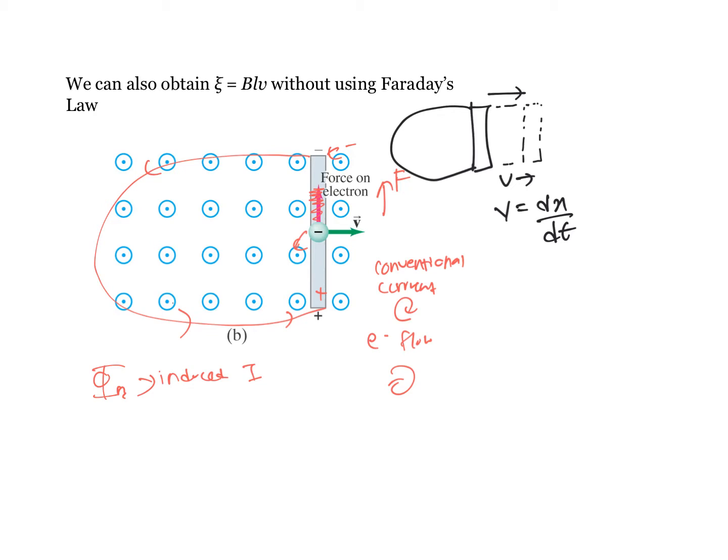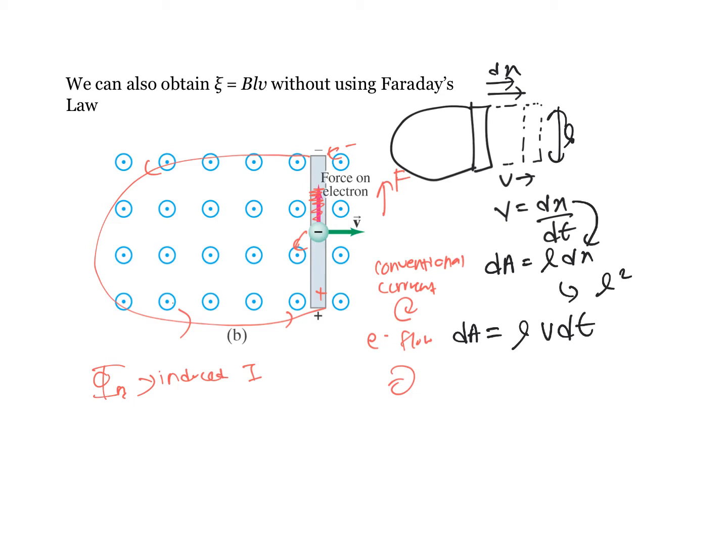Because it changes the amount of area that the magnetic field can pass through, we have dA equals L dx, where dx is the distance that the rod moves, and L is this length. Putting this equation into this one, we get dA equals L v dt.